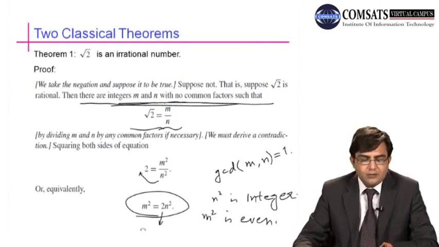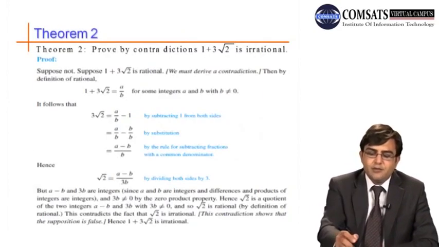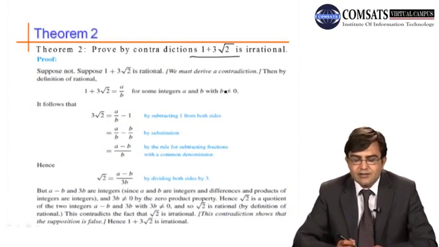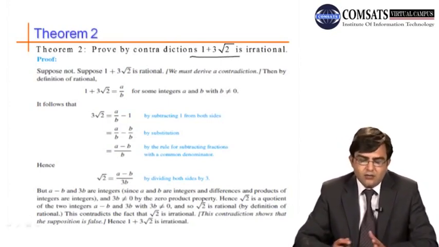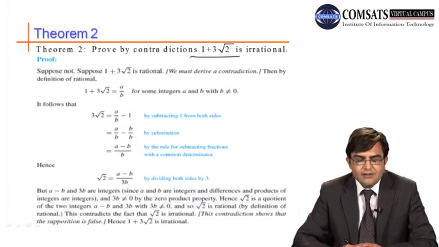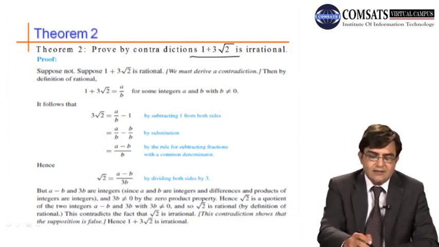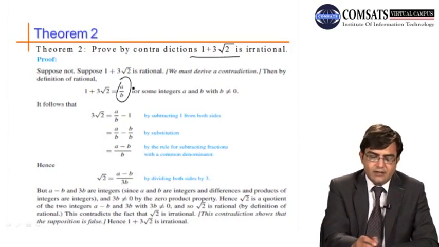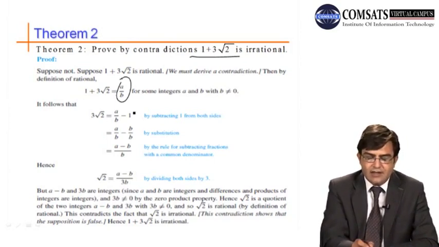Similarly, we can prove the second theorem, in which we have to prove that 1 plus 3 into square root 2 is irrational. We take the same steps we took in the previous theorem. We suppose that 1 plus 3 into square root 2 is rational. We write it as a by b. We take the 1 on the other side, we take the LCM.